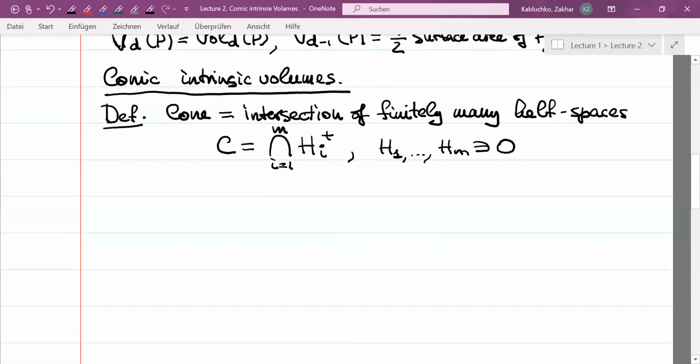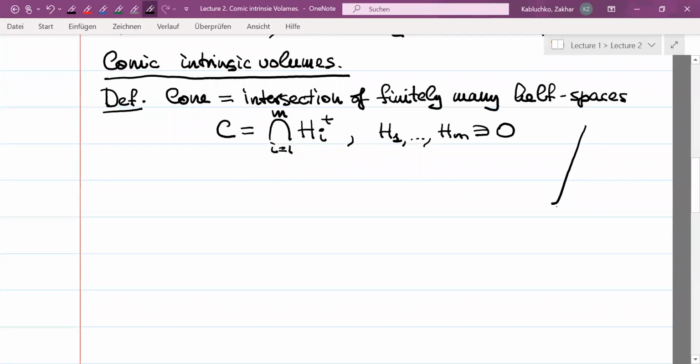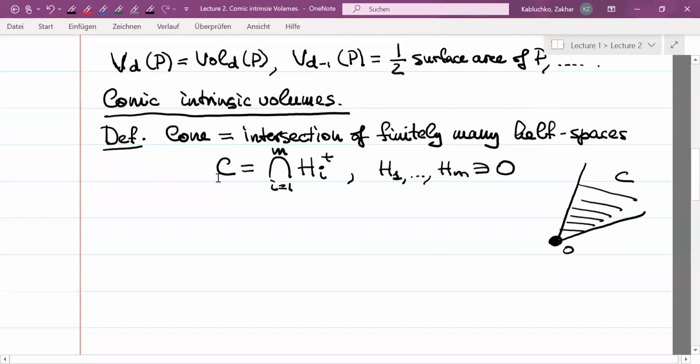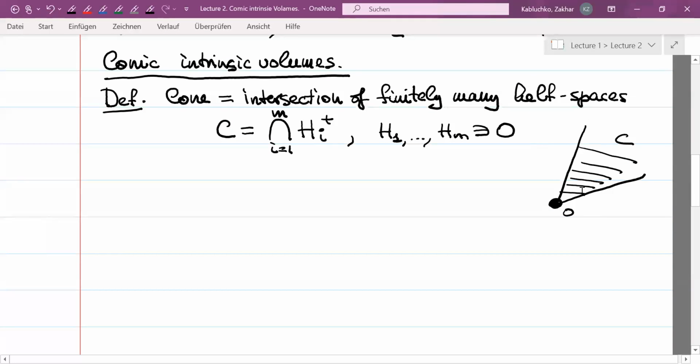So in dimension 2, it's just something like an angle. Here is the origin, and this is a cone. And in general, this is usually called polyhedral cone, because there is a more general notion, but for this talk, we will just consider such polyhedral cones. Now, some examples. So in the plane, it is an angle.